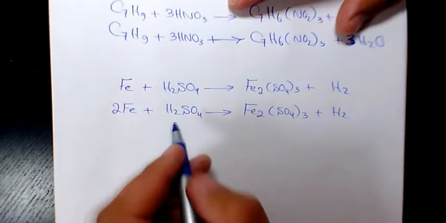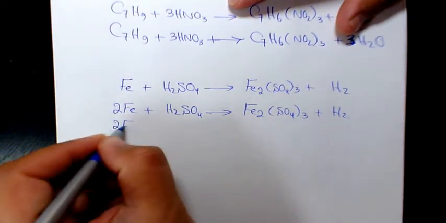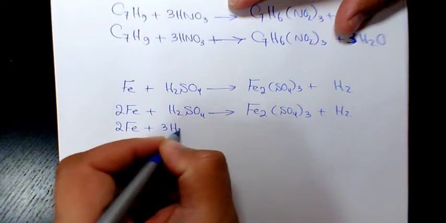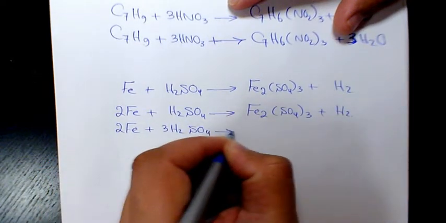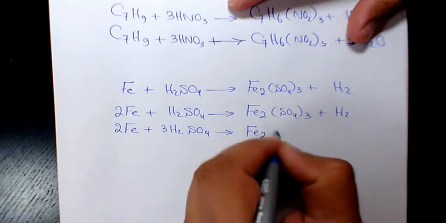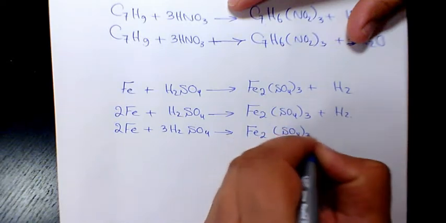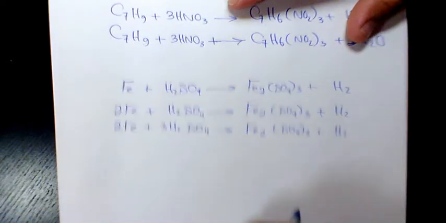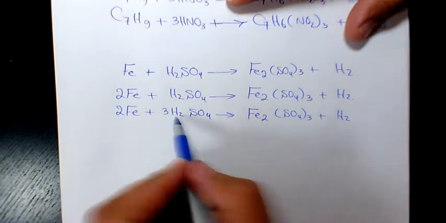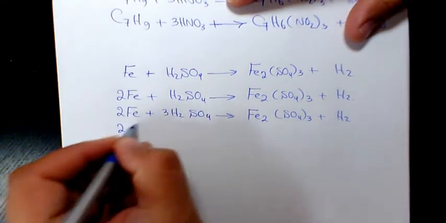And 3 in here, so we need to put 3 in here. Three H2 is 6, so we need to have 3 in here.